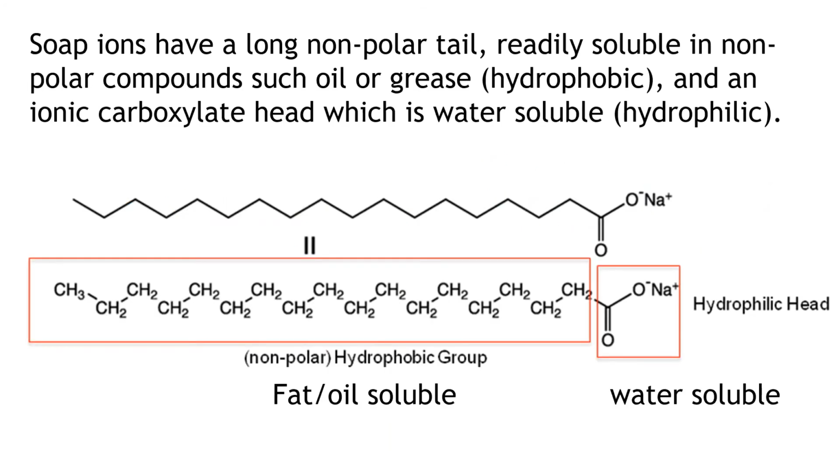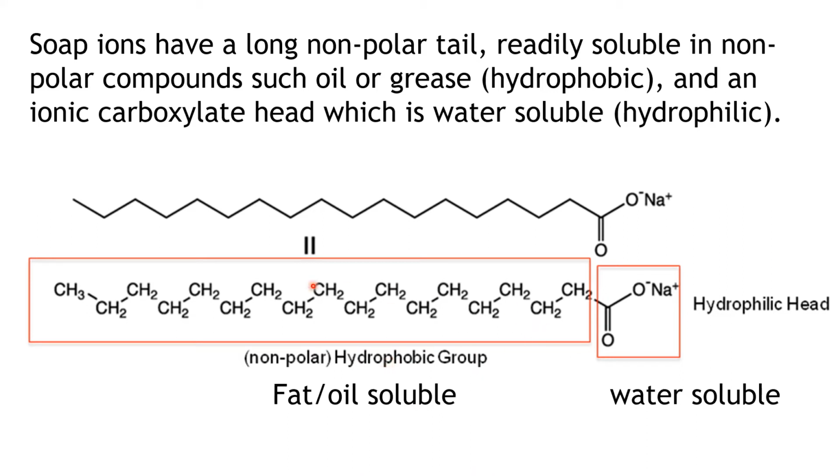So let's have a little look at the soap ion. You can see that the soap ion contains a long hydrocarbon part to it. And if you think back at the bonding, whenever you see a long hydrocarbon part, that's going to tell you we've got a non-polar part overall. Like dissolves like, so this non-polar part will dissolve readily in non-polar solvents such as fat or oil.